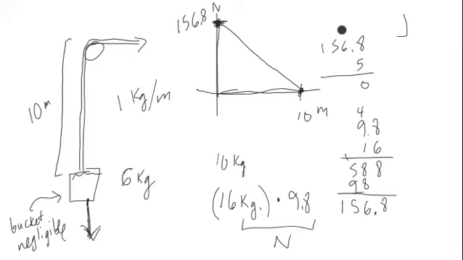So we get 784 joules, which is the amount of work that's done in lifting this bucket up while the water is falling out.